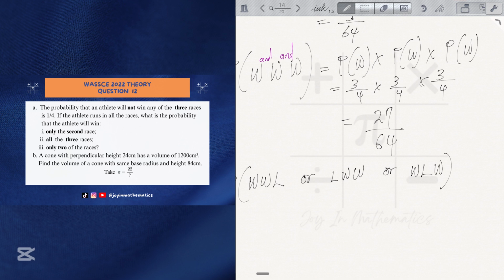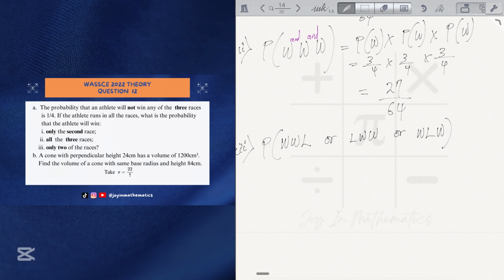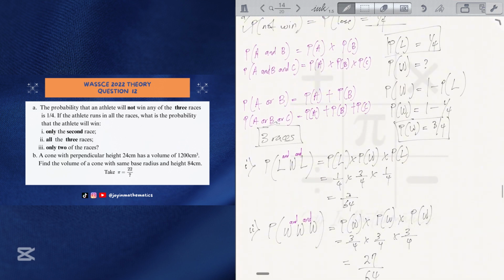So in these 3 conditions, he is only winning 2 races. As we can see, win, and also win. So with this, we are going to combine the and and the or together.